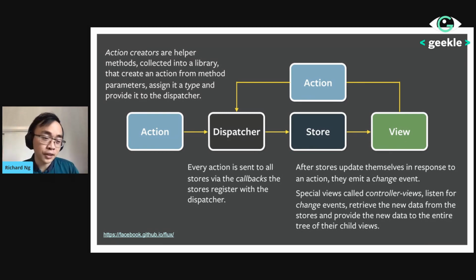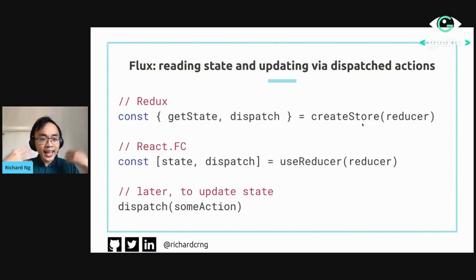At a higher level, I know this can feel quite abstract. When I first looked at Flux architecture, I was like, I'm not sure I completely get this. So here is, in essence, the skeleton of Flux architecture with Redux and useReducer. Regardless of whether you're using Redux or useReducer, in both cases you've got a reducer you pass in, and where that comes from will come to you later.